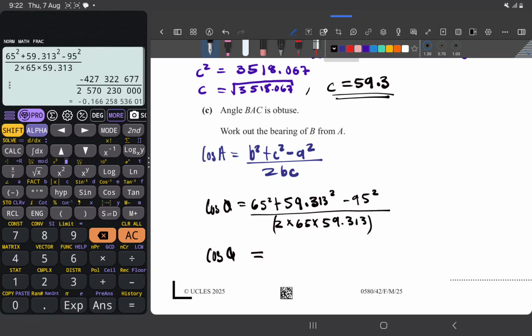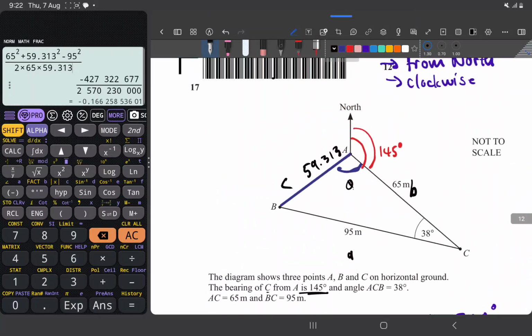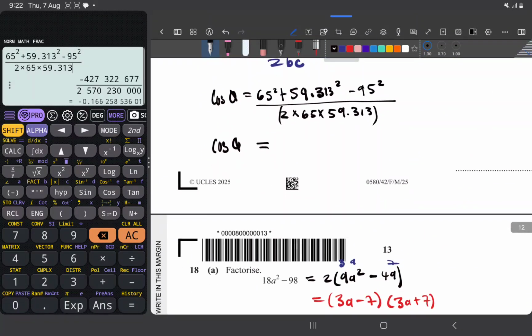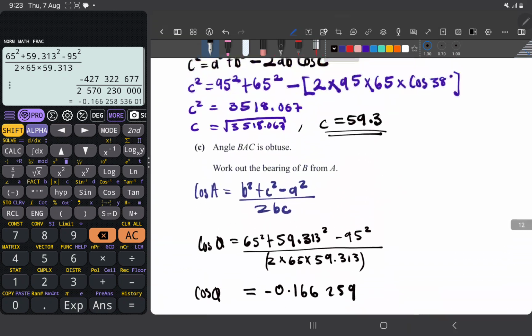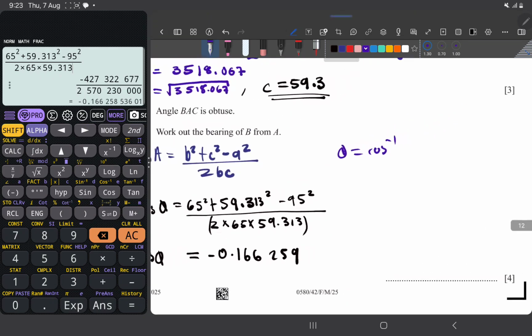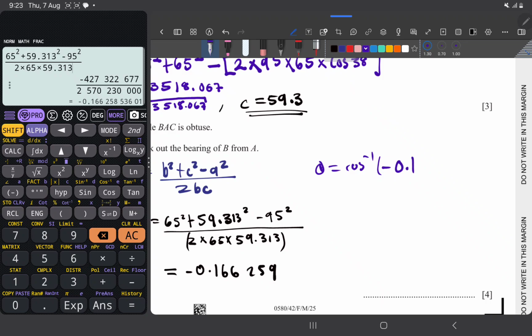So what is it going to be now? You're going to have this negative value, so cos theta is equal to negative 0.166259. Now theta, which is the angle at A, is equal to cos inverse of that. You take cos to the other side and it becomes cos inverse of negative 0.166259.